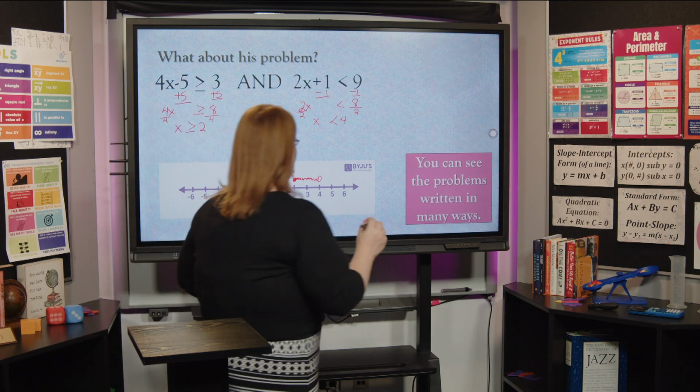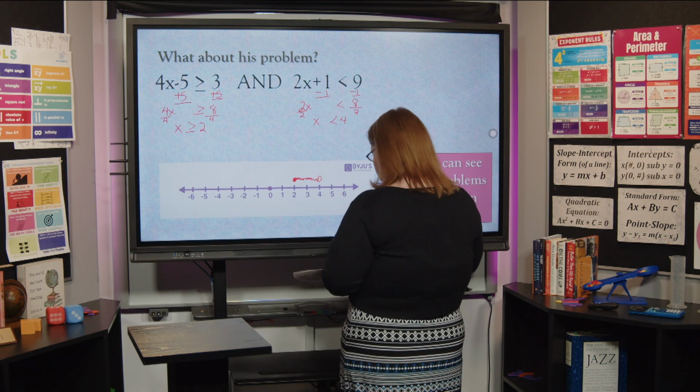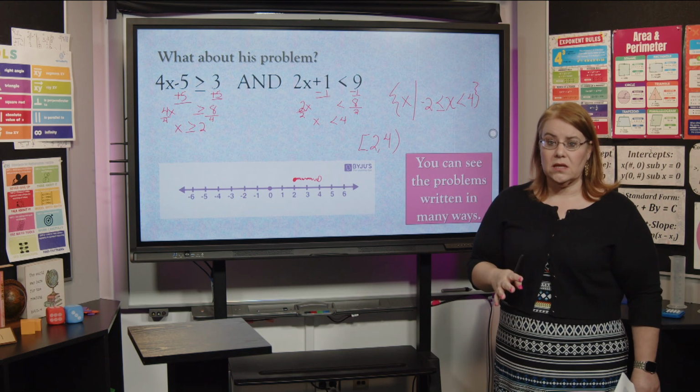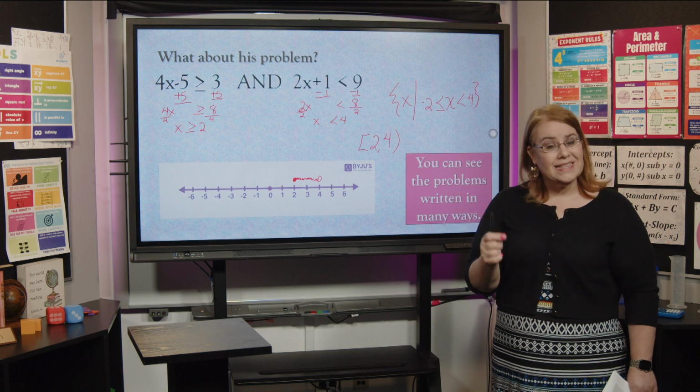So here we go. Since I start with the closed symbol, I have a bracket at 2, comma 4, parenthesis. So then I would also have x such that, what? Negative 2 is less than or equal to my variables, and my variables are less than 4. Now, you're looking at this and going, Miss Killen, that's not exactly what you wrote, but isn't it?